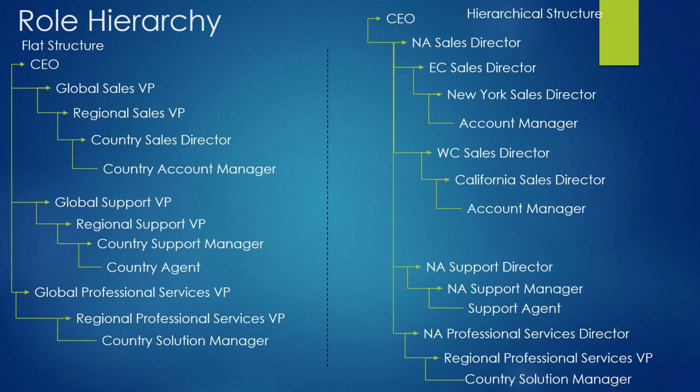There is one important part which we really need to consider, and I'm going to talk about that in terms of scenarios, how and when to use what should be the best way to define a role hierarchy and also the territory hierarchy, so that we can use both of them together. And this is also important because the way we define a role hierarchy and the territory hierarchy should be simple to use and easy to manage.